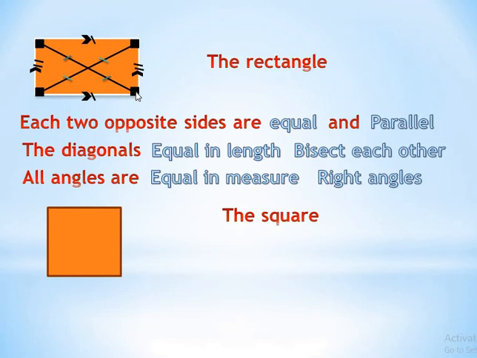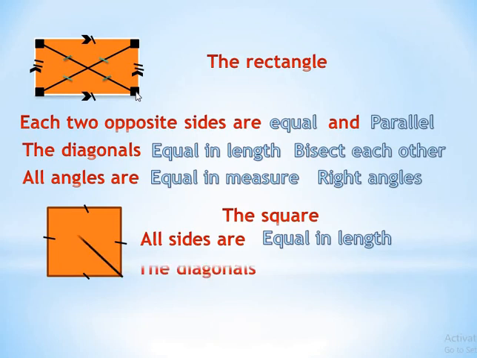We said that all sides are equal. We know that the square has 4 equal sides. So all sides are equal in length. And I can say also each two opposite sides are parallel.